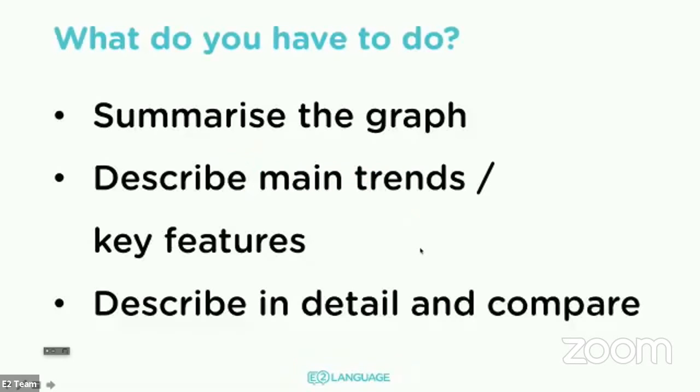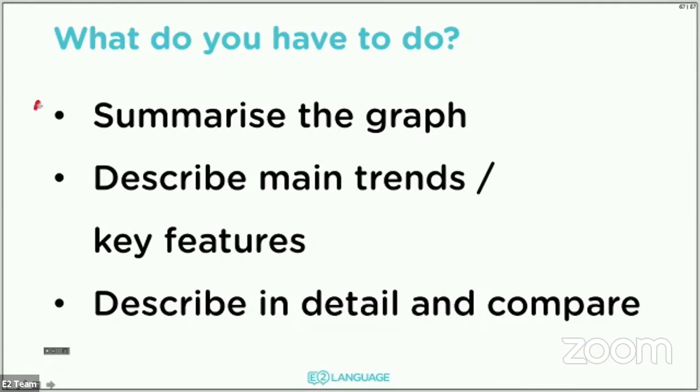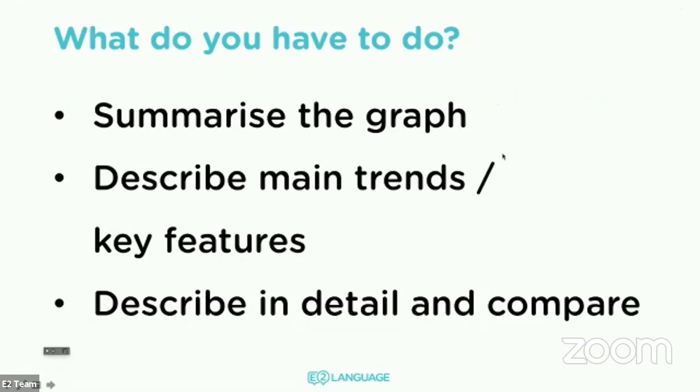So let's recap what we have learned. We've learned that you really need to do 3 things, okay? 3 things. We know how to summarize the graph. That's easy. You just rewrite the task description. Fine, that's easy.